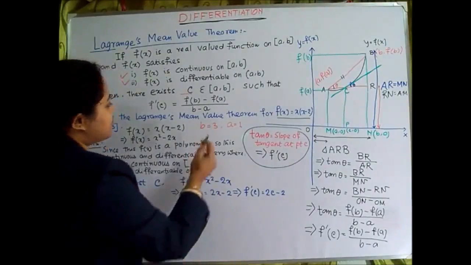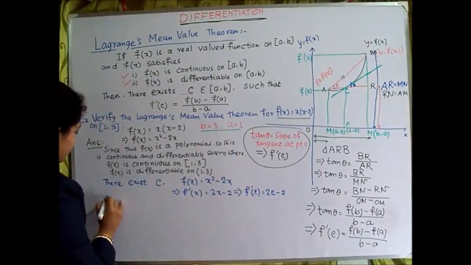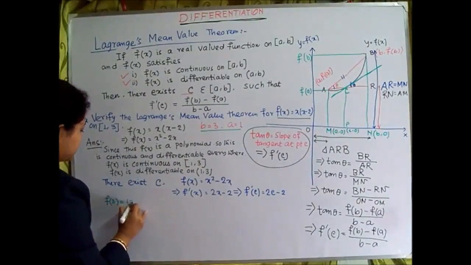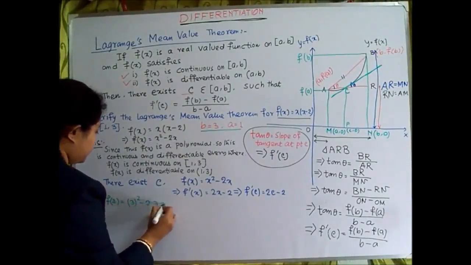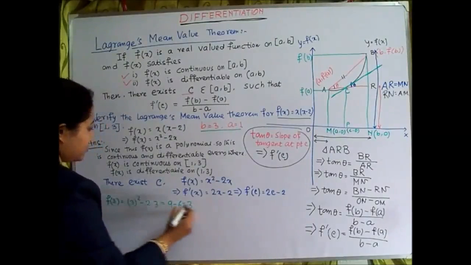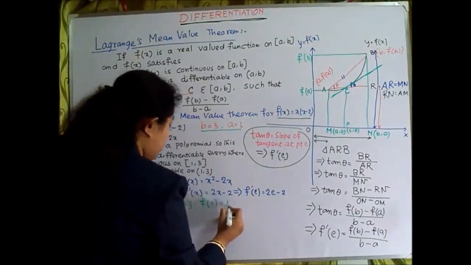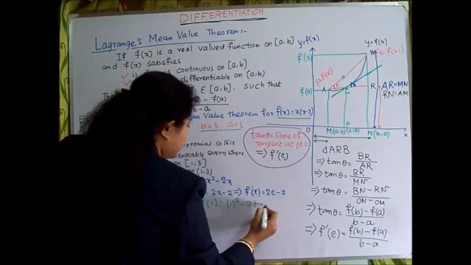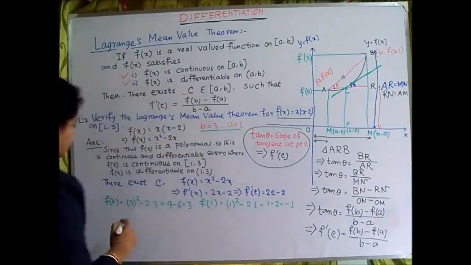So here b is equal to 3 and a equals 1. So what is the value of f3? f3 is simply 3 square minus 2 into 3, which is equal to 9 minus 6 equals 3. And what is the value of f1? Which is equal to 1 square minus 2 into 1, which is equal to 1 minus 2, simply minus 1.